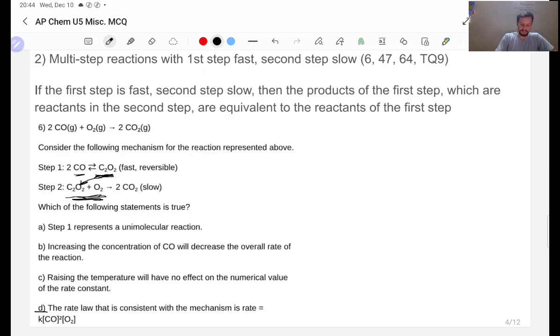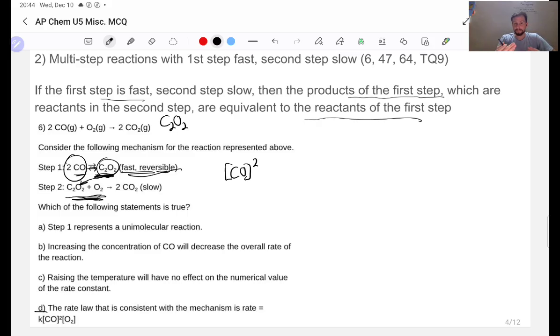And what this is saying, if the first step is fast, then the products of the first step, which are reactants in the second step, so in this case that is C2O2, are equivalent to the reactants of the first step. So in the rate law, instead of C2O2, I can write CO squared, because this is equivalent to this. And the logic here is because the first step is fast, the rate of producing the products from that first step and that intermediate is not limiting my rate of reaction. What's limiting it is the second step.